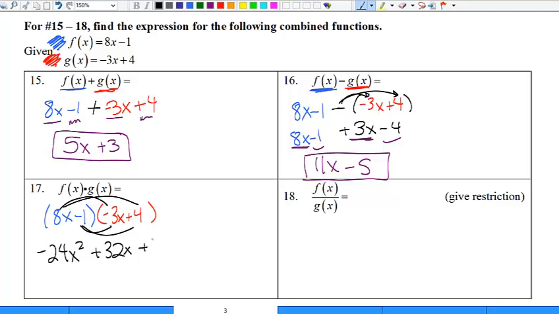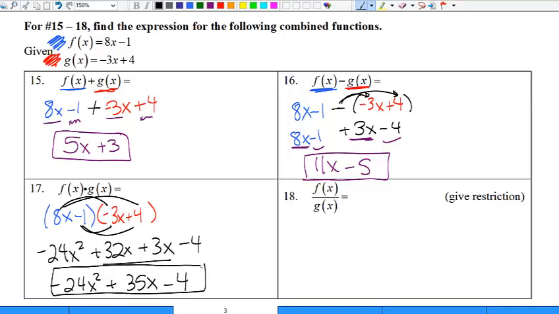Negative 1 times negative 3 is positive 3x, minus 4. The two middle ones can combine to get 35x, and the first term and the last term stay the same. And there's my new function for f times g of x.